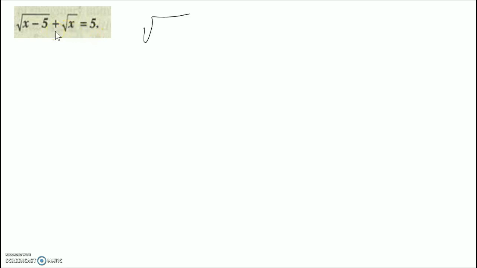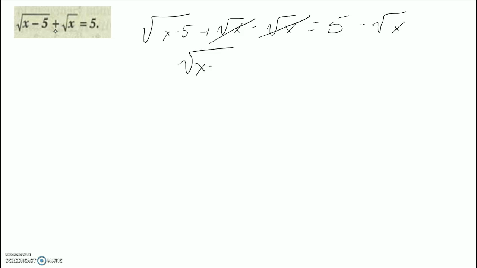So we have the square root of x minus 5 plus the square root of x minus the square root of x equals 5 minus the square root of x. These cancel each other out, leaving us with just this equation here.